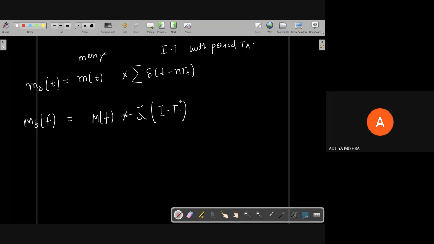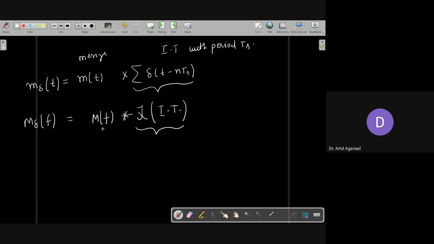Yes, sir. And from your signals and systems course, you know the Fourier transform of an impulse train is an impulse train. Correct? If you don't know, just recall it, go and see it.